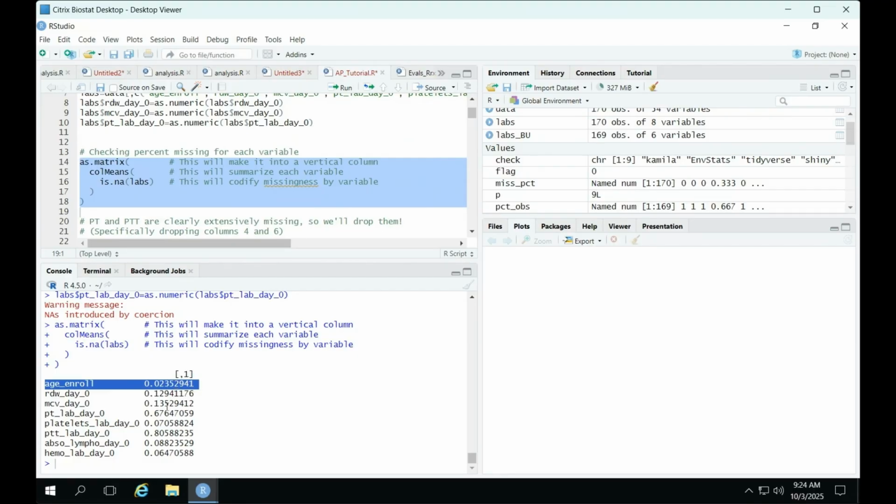Really, I'm more worried about values like PT and PTT. A value of 0.67 means 67%. In other words, if we have 3 people in the data set, 2 of them don't have a PT lab, or this 80% for PTT lab means that if there are 5 people in the data set, 4 of them don't have any data. And that's a serious problem because it's probably not a mistake.